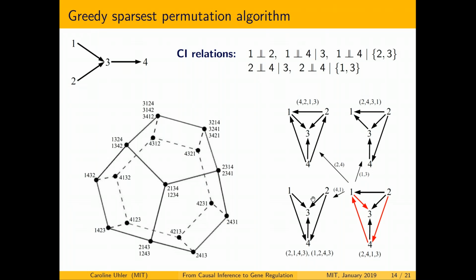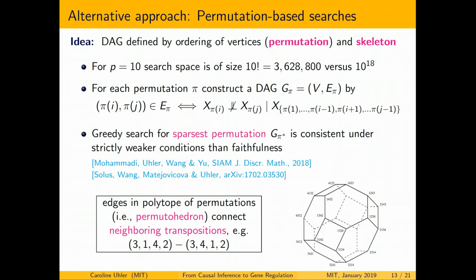So since my score function is the number of edges, it doesn't make sense to search over permutations that correspond to the same graph. Because we already know that the score function is not going to change. So what we did is we define, so we're taking this permutahedron and we are just gluing together, so contracting edges for different nodes that correspond to exactly the same graph.